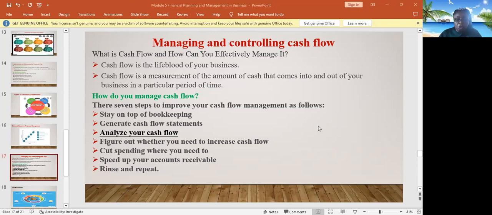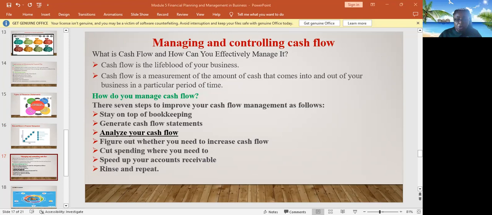Then how do you manage the cash flow? There are 7 steps to improve your cash flow management as well. 1, stay on top of your bookkeeping. Record keeping is very important.